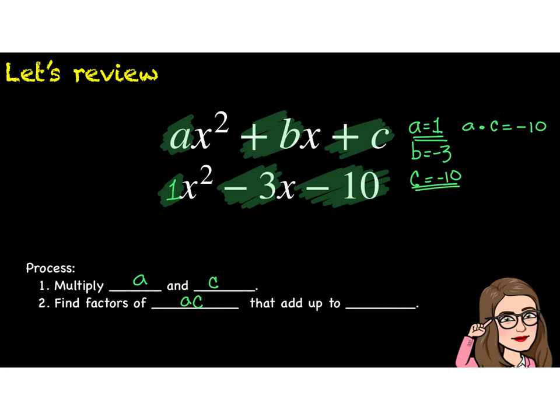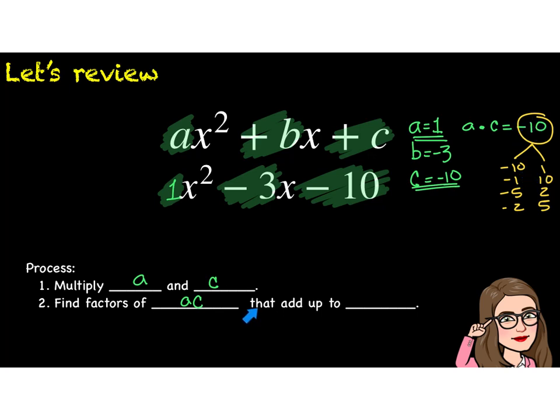So I need to find every single factor there. Two numbers that multiply give me negative 10: negative 10 times 1, or negative 1 times 10. Also negative 5 times 2, or negative 2 times 5. So this is only the first part of my second step: find the factors of AC, every pair of numbers that multiply to give me negative 10.